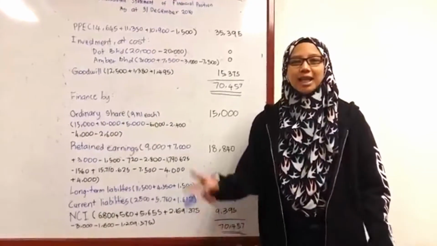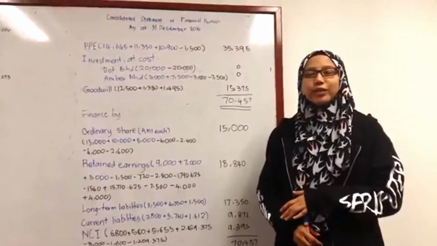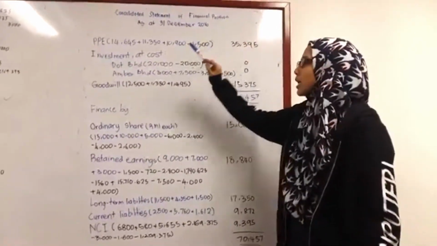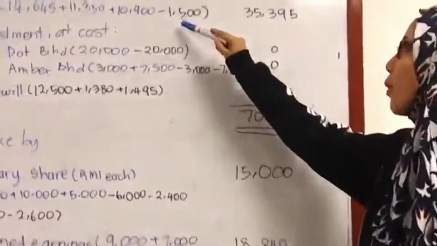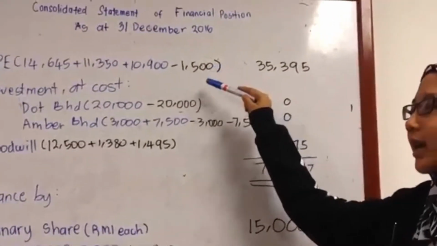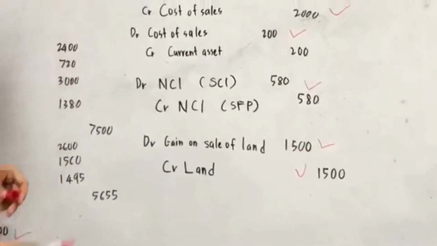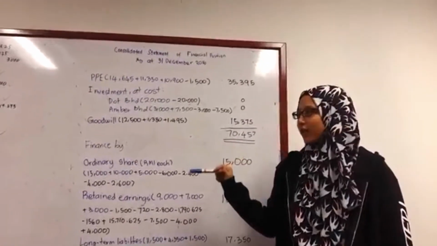Okay, so for the second step, we need to make adjustment based on the journal entry. So for property, plant and equipment, since we already credit land, we need to minus 1,500 of land here. And then for the investment, we need to eliminate the investment.